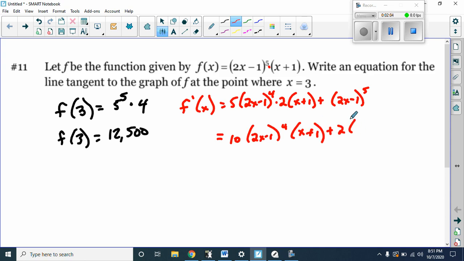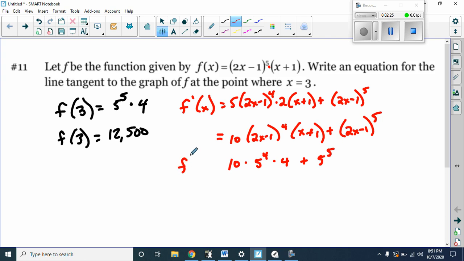And we need the derivative at x equals 3. So now we're going to plug 3 in for our x. Putting 3 in for x would give me 10 times 5 to the 4th times 4 plus 5 to the 5th.